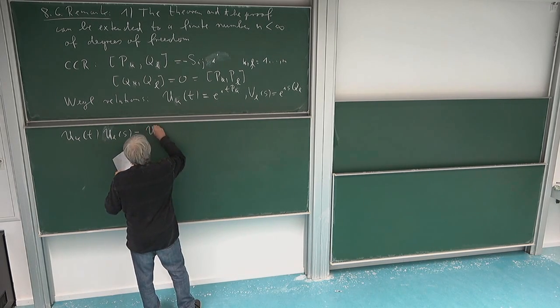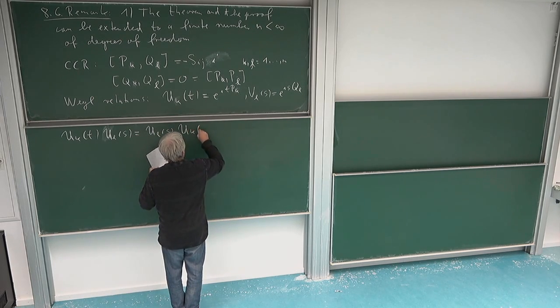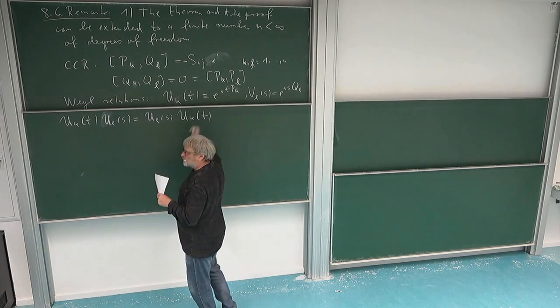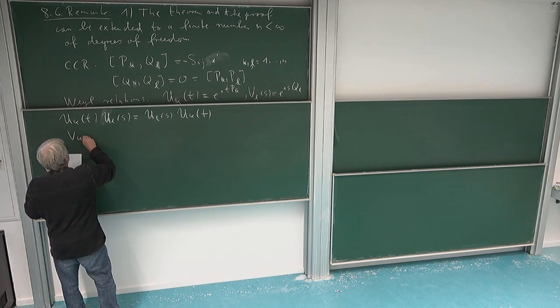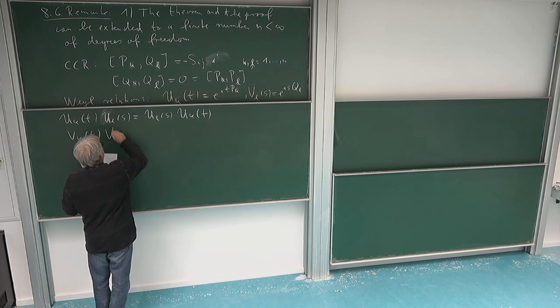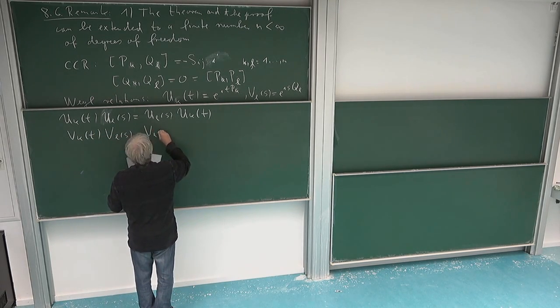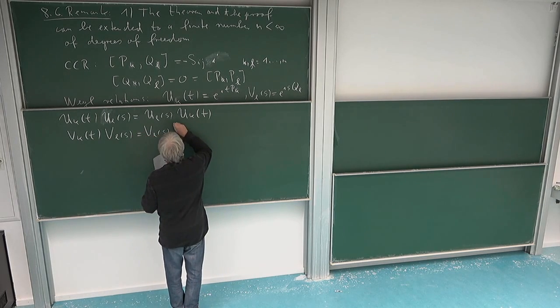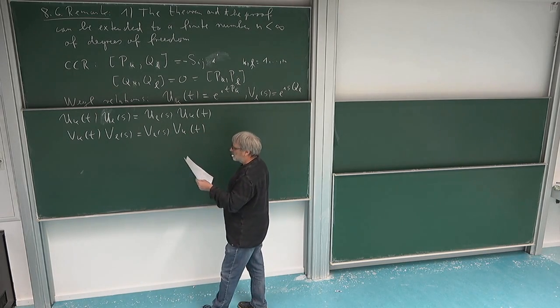So I have U_l of s, U_k of t. And the same for the V's among themselves. So if I have V_k of t and V_l of s, they also commute. So this is the same as V_l of s, V_k of t. This is of course true for all k, l and for all s and t.